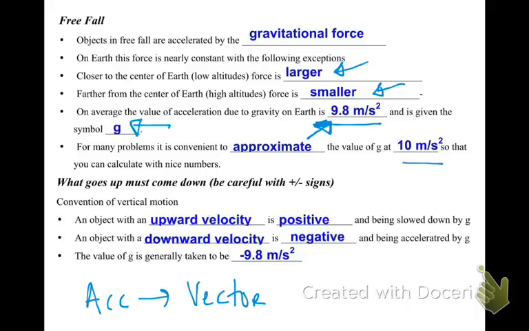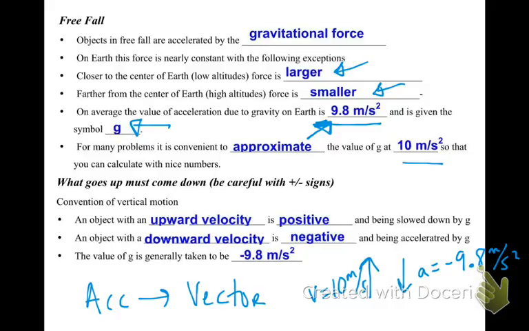An object with an upward velocity, meaning you throw a ball up, its upward velocity is positive. So let's say we threw it up with a positive velocity of 10 meters per second. It's being slowed by gravity because gravity always points down. So if we took our upward velocity to be positive, our acceleration due to gravity is then going to be negative because it's pointing in the opposite direction.